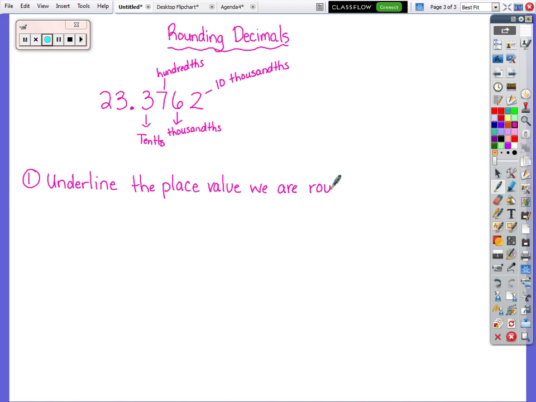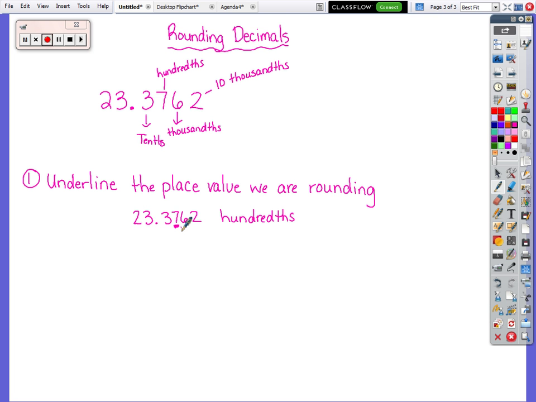For example, if we're rounding to the hundredths place, let's use that same number, and we want to round it to the hundredths place. I'm going to underline my hundredths place. There's my tenths, so my hundredths is the 7.